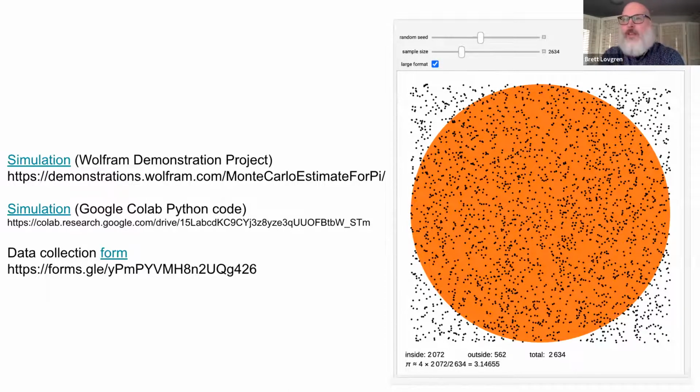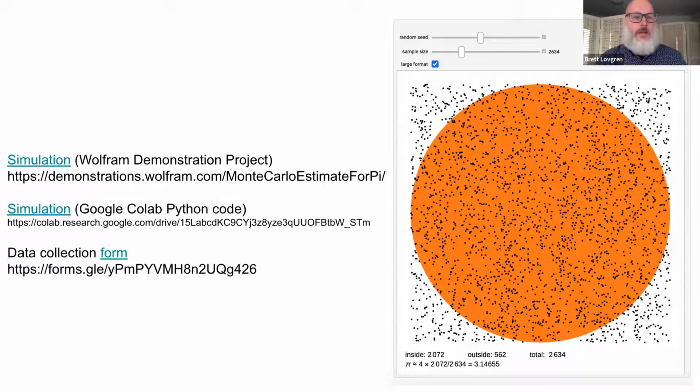Now, if you're interested in joining along, there were electronic versions of this, and you can play with the simulation yourself. Let's see, I can drop this into the chat, and so you can run this simulation and see an estimate for pi, using various sample sizes.